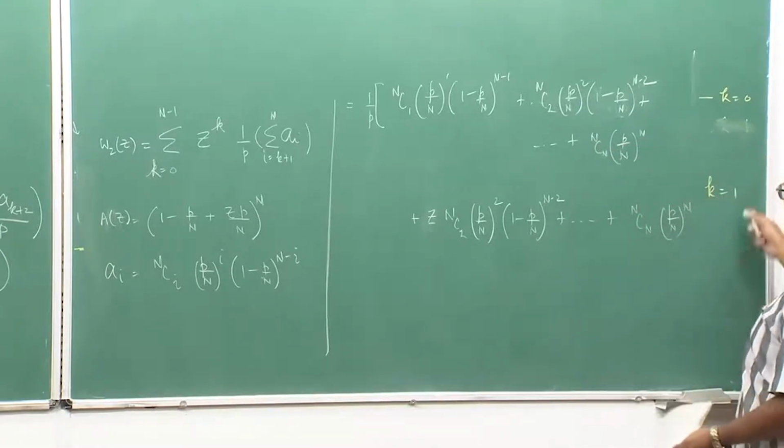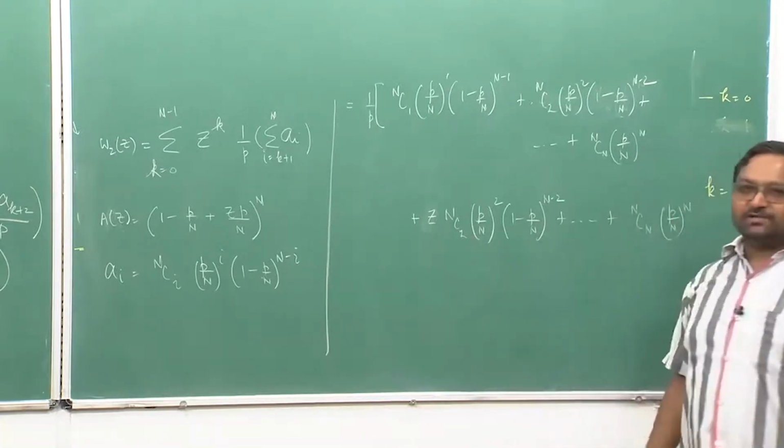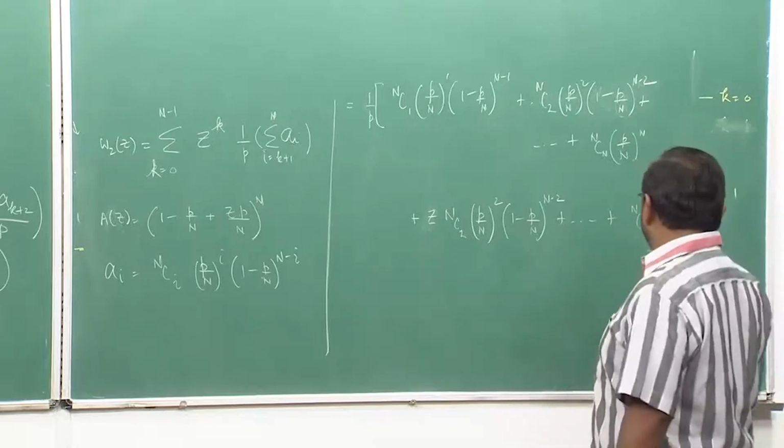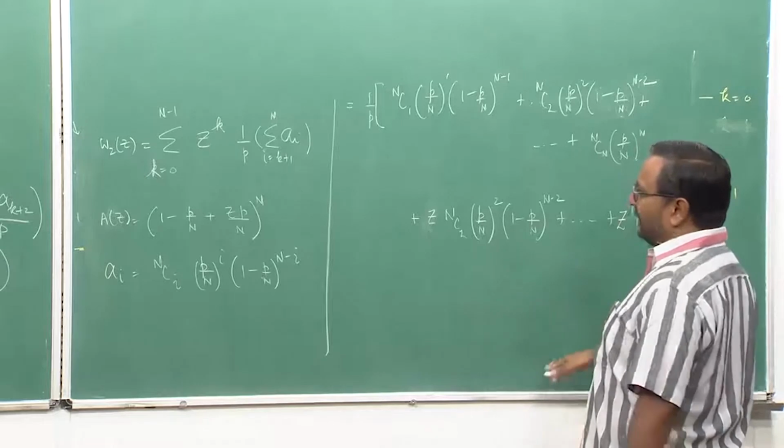Similarly, when I do it for k equal to 1, the term will start with nC3 and there will be z square in that case. Okay, sorry, there has to be a z here. So, the next row will be with z square and so on.